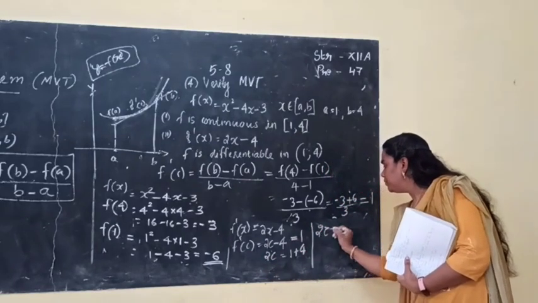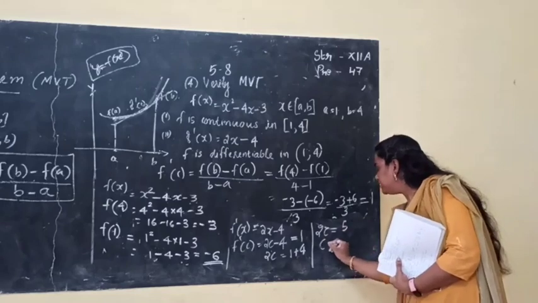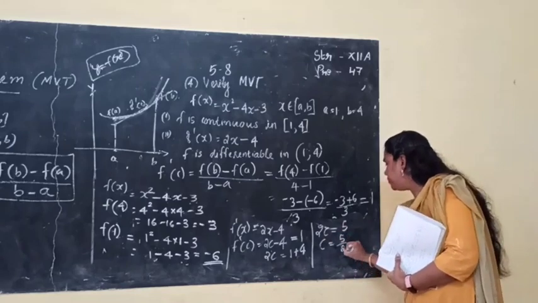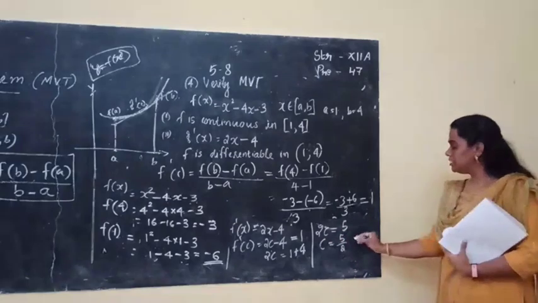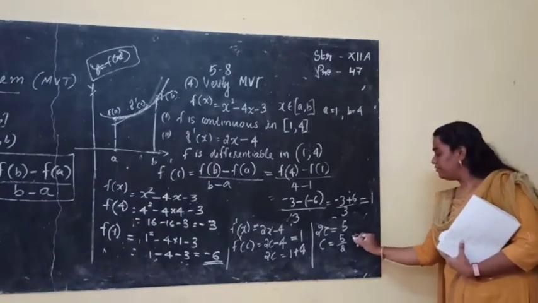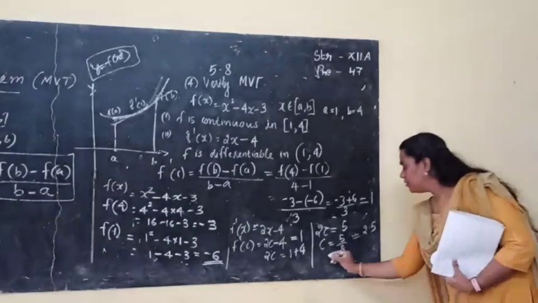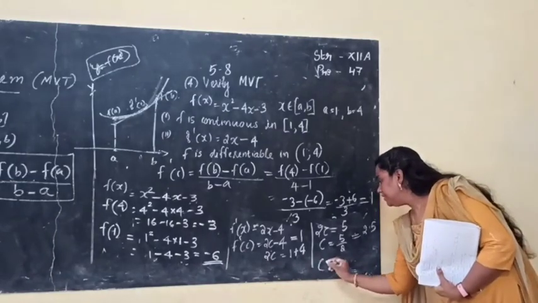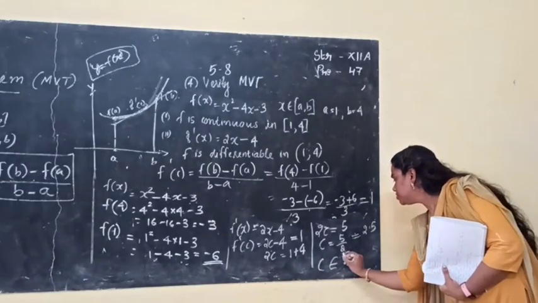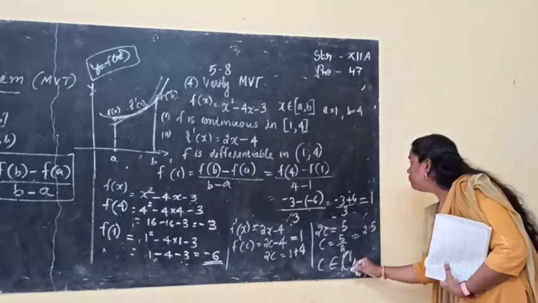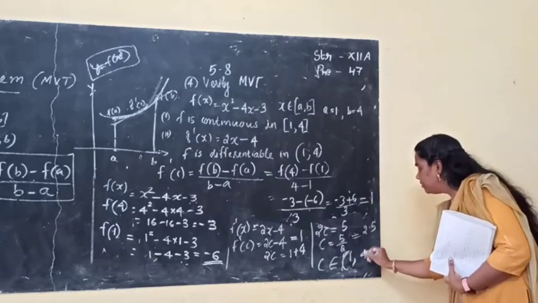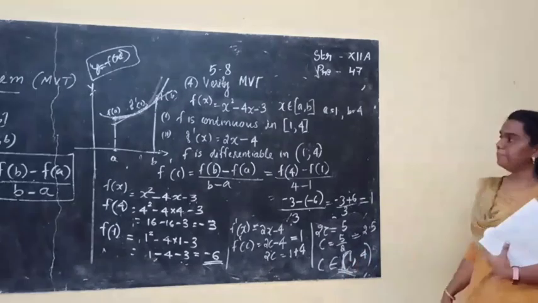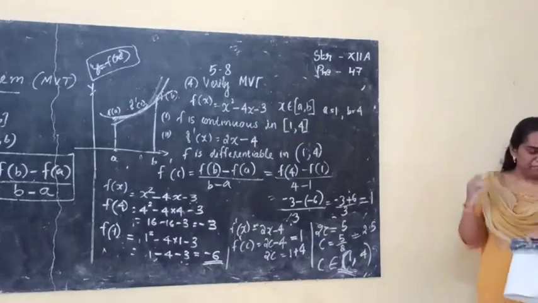So we got 2c is equal to 5 and c is equal to 5 by 2. 5 by 2 is equal to 2.5. So that means c, that is 2.5, belongs to the open interval 1, 4. Hence, mean value theorem is verified.